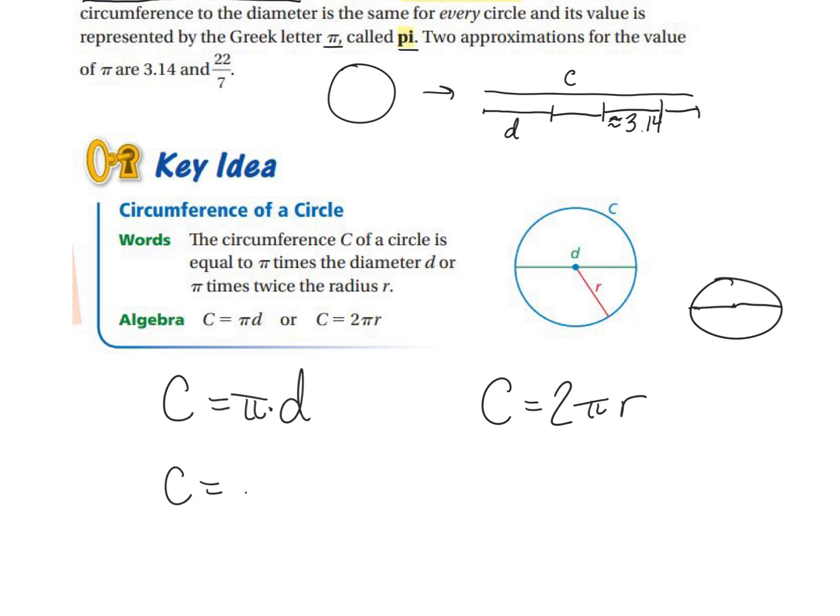I could technically write this as diameter times pi, or 2r pi. It doesn't really matter, but typically we say 2 pi r or pi times diameter. Either one works. If we know one of them, we're just going to use the formula that has the measurement we know, whether it's diameter or radius, and we'll go from there.